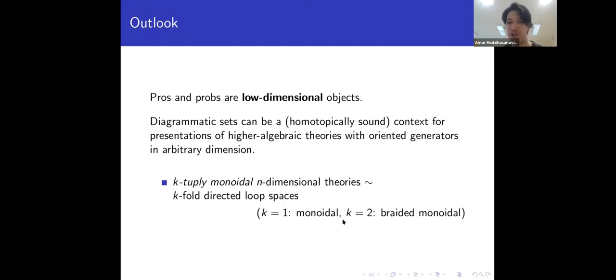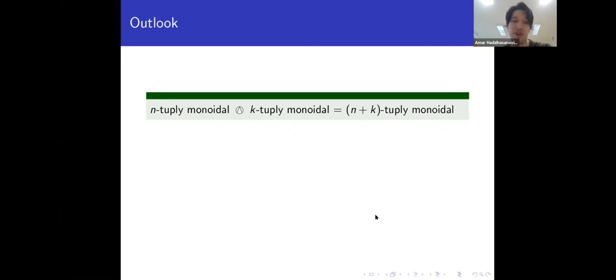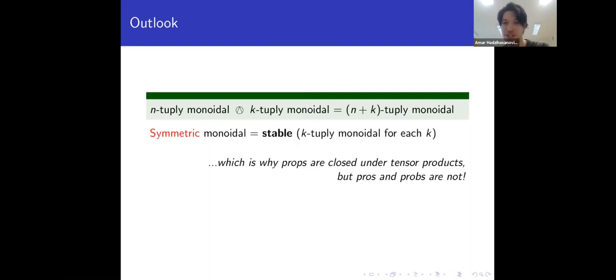So remember, monoidal was a loop space, braided monoidal was like a double loop space, but we can have interesting things higher up. And the point is, if we take this mesh product of an n-tuply monoidal theory and a k-tuply monoidal theory, we get an (n plus k)-tuply monoidal theory. And we recover the fact that the tensor of monoidal and monoidal gives braided monoidal.